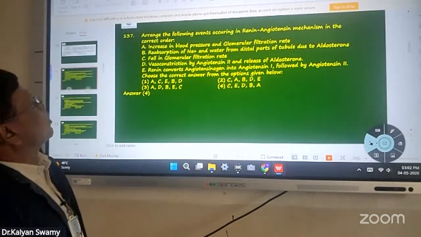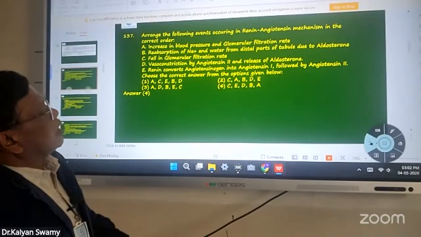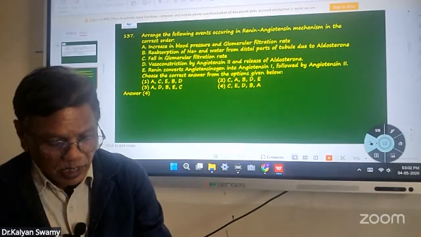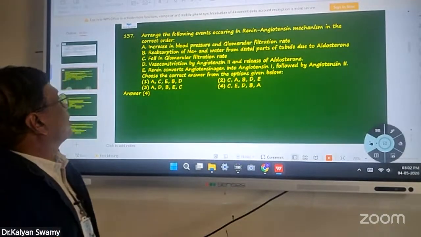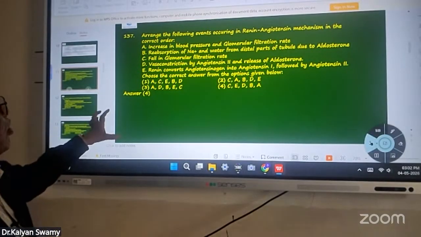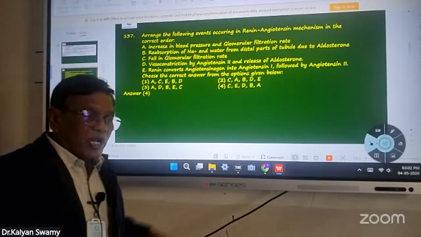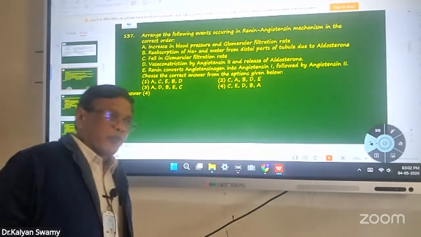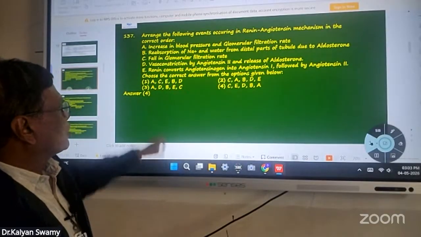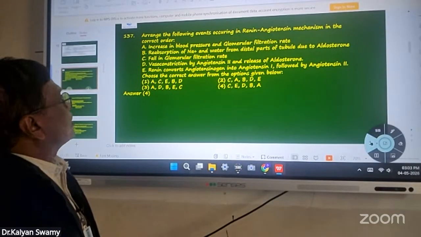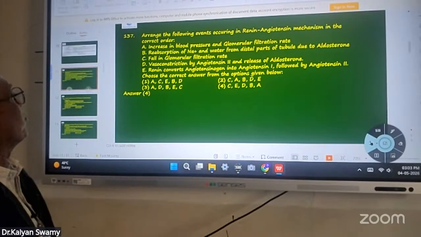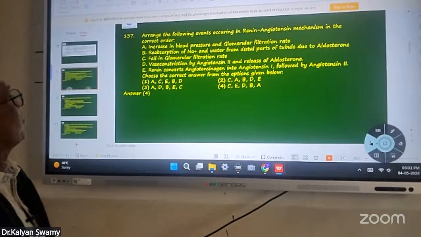Then coming to next question, arrange the following. It is arrangement, renin angiotensin, it also relates to water, nitrogenous base, excretory products and their elimination. Arrange the following renin angiotensin mechanism in the correct order. Whenever the blood flows with a low speed, when your blood pressure decreases, the juxtaglomerular apparatus is stimulated that releases renin and operates the renin-angiotensin mechanism.